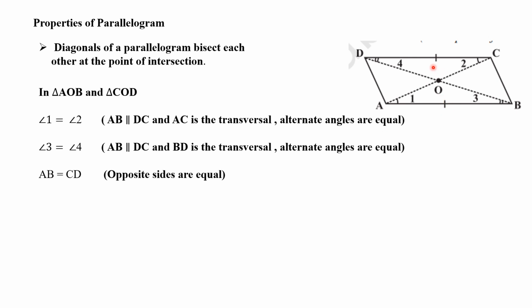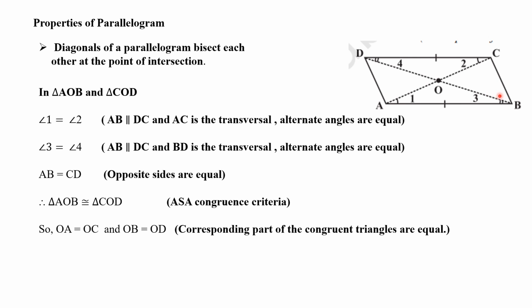And again the congruency criteria will be angle, side, angle, ASA. So if both the triangles are congruent, then their corresponding parts will also be equal, right? So OA will be equal to OC and OB will be equal to OD. And the reason is corresponding parts of the congruent triangles are equal. Clear?